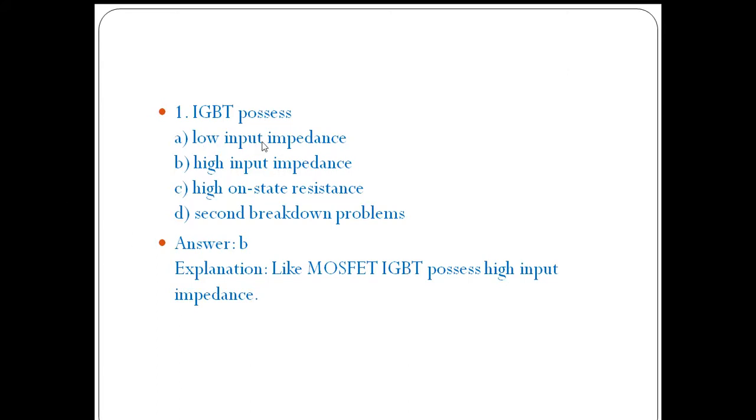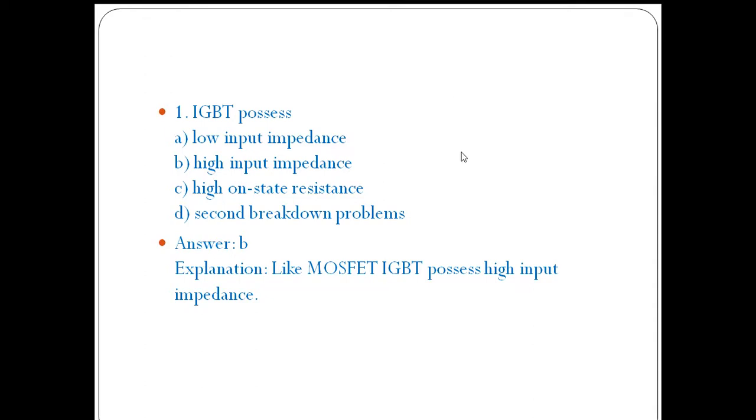IGBT possesses: option A, low input impedance; B, high input impedance; C, high on-state resistance; D, second breakdown problem. IGBT is a combination device, having the advantages of MOSFET and power BJT.